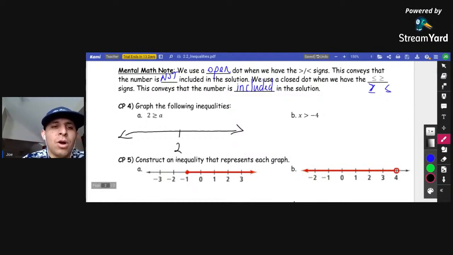I want all of the values of A such that 2 is greater than or equal to A, okay? So like I said before in the previous video, we have to be careful here because it's not written in the most traditional manner, where we typically have the variable on the left side of an inequality or an equation. So start substituting in numbers.